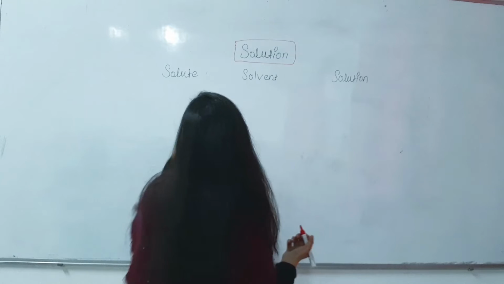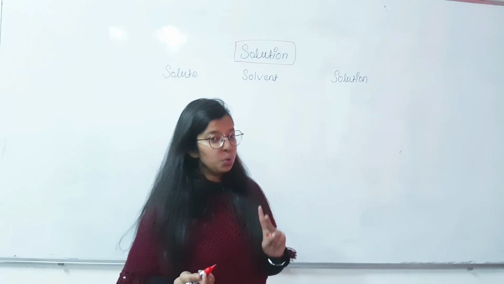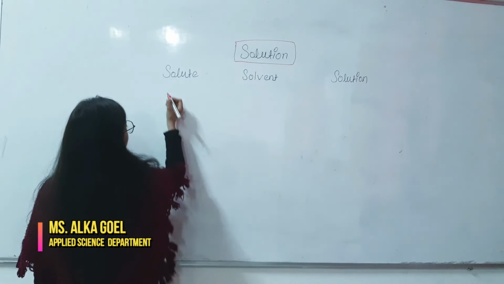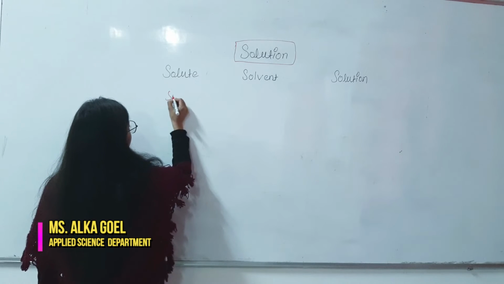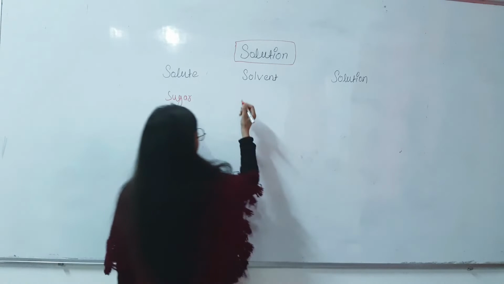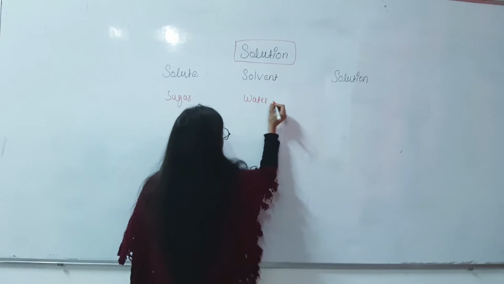When two substances are used for making a solution, let's suppose our solute is sugar and our solvent is water, that is H2O.